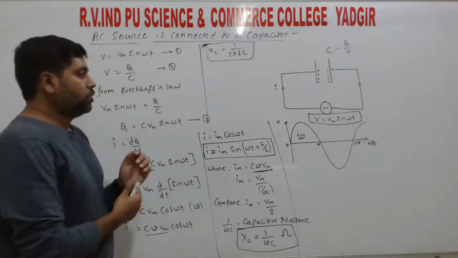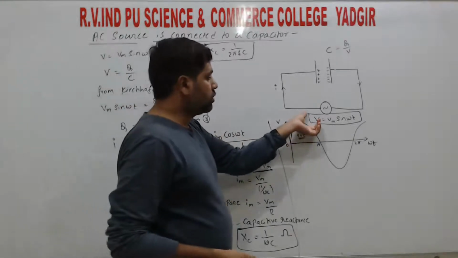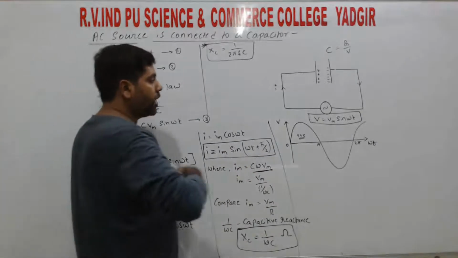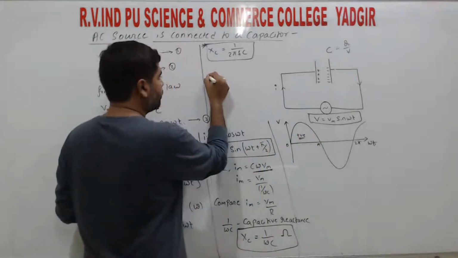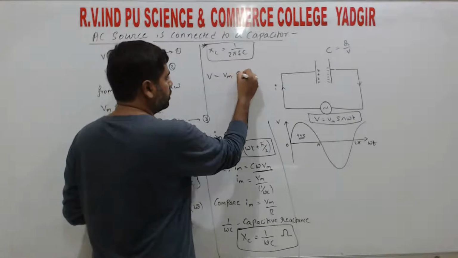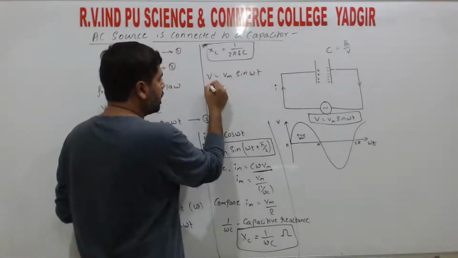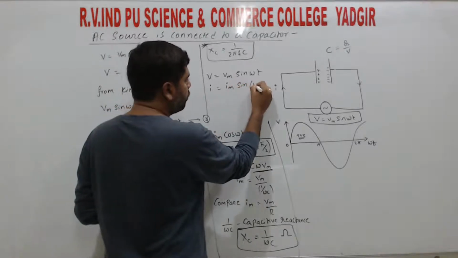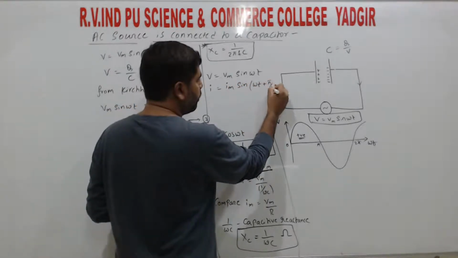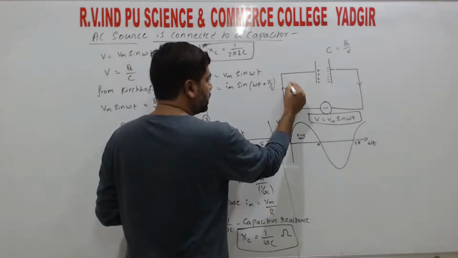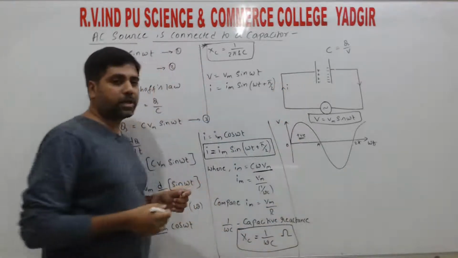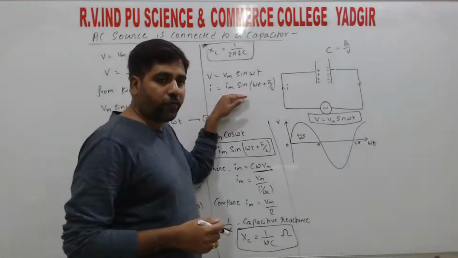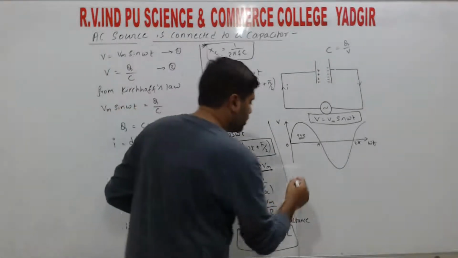Now we will discuss the variation of voltage and current, right? The applied voltage is V equal to Vm sin omega t, and the current we get is I equal to Im sin of omega t plus pi by 2. So how do we get this waveform in graphical representation, right?